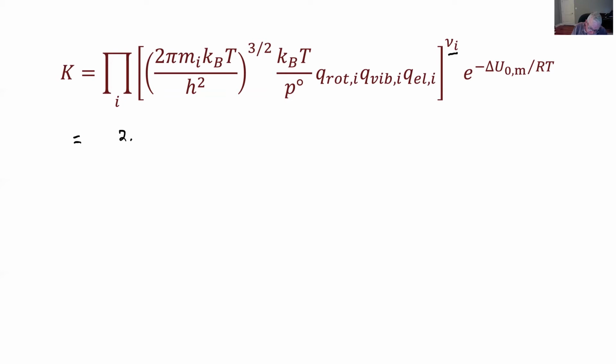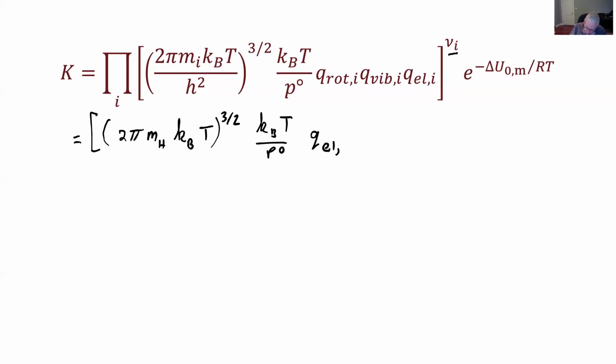Okay. So that says I will have something like 2 pi m_H k_B T over h squared, to the 3/2. Let's do this times k_B T over P0. Then for the other partition functions, the only one that I have to put in a value for is the electronic one, because I don't have the other pieces there, right?